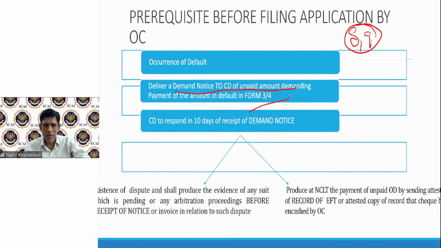It will say this is the amount which is due from all my pending bills, please give me this amount within a period of 10 days. And the company to whom the notice is sent, which is termed the corporate debtor, has to respond in 10 days, either by making the payment or by raising a dispute.